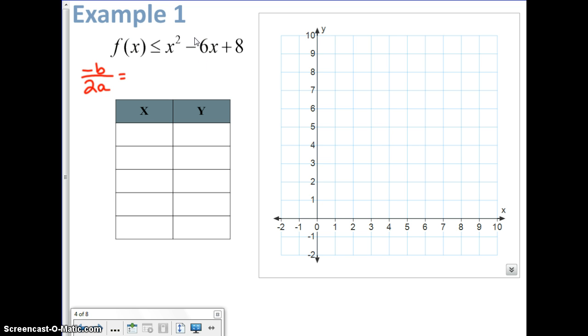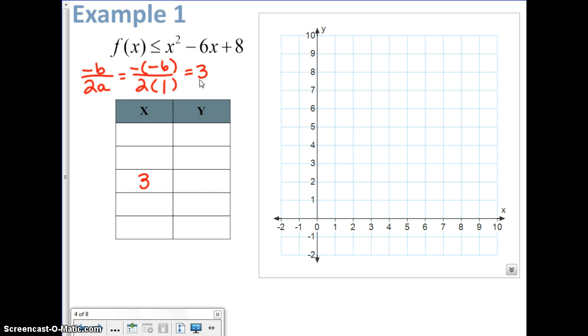You always have to carry whatever sign is in front, whether it's plus or minus. So I have negative negative 6 over 2 times, now do not put an x here. a is the number in front of x squared. Since there's no number visible, we assume it's a 1. So when you type this into your calculator, you should get 3. So this 3 will go in the middle of my table.